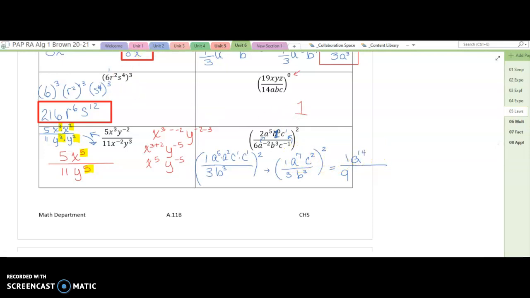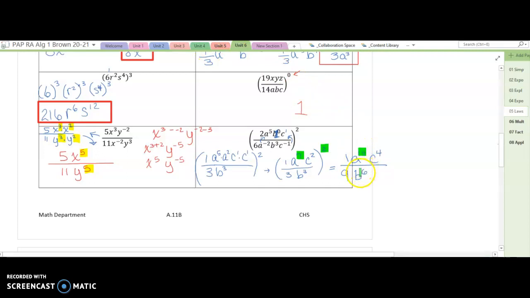Let me highlight those for you. 7 times 2 gets you the 14. And then c to the 2nd times 2 raised to the 2nd power is 4. And then down here I have b to the 3rd raised to the 2nd power. 3 times 2 is 6.